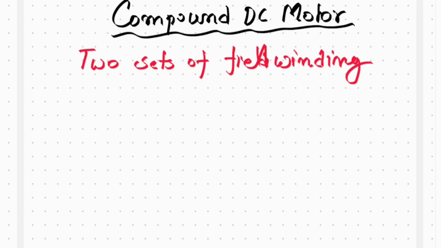One is in series with the armature, and another one is in parallel with the armature winding. These compound DC motors are subdivided into two types.